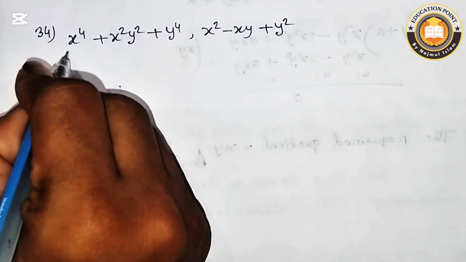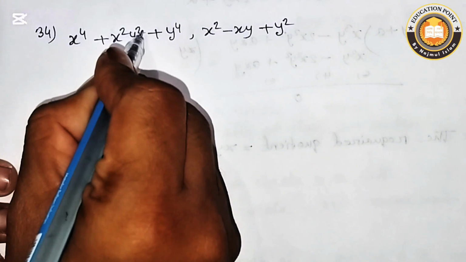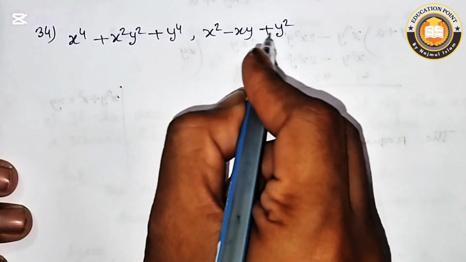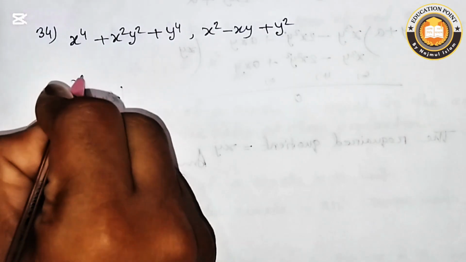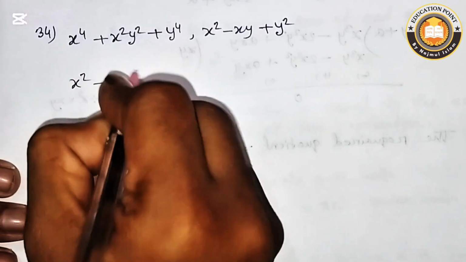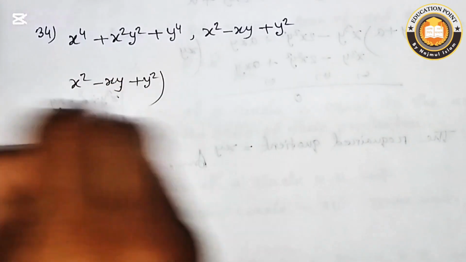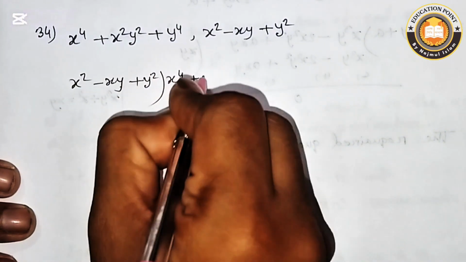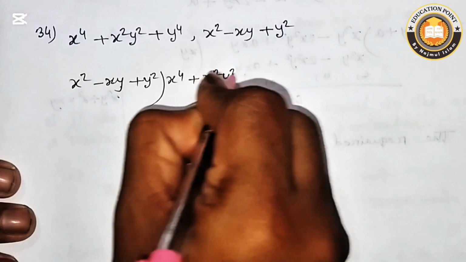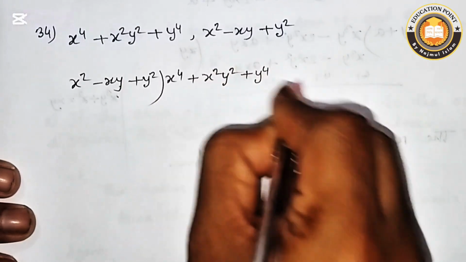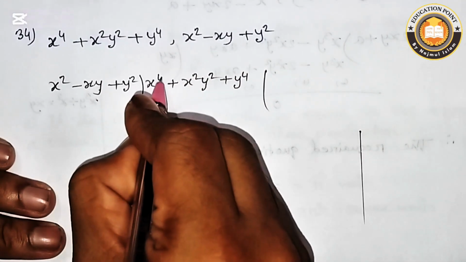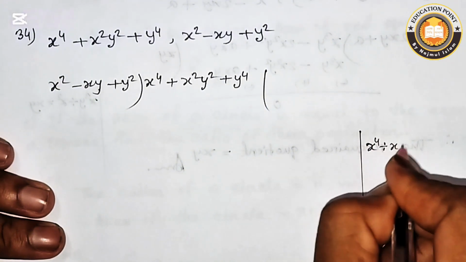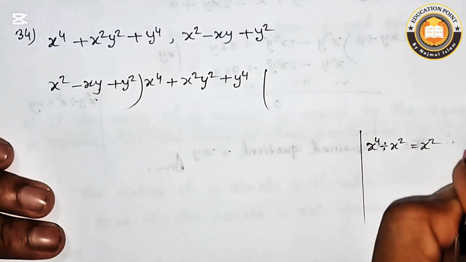Question number 34. X to the power 4 plus x square y square plus y to the power 4 divided by x square minus xy plus y square. At first x to the power 4 divided by x square equals x square.